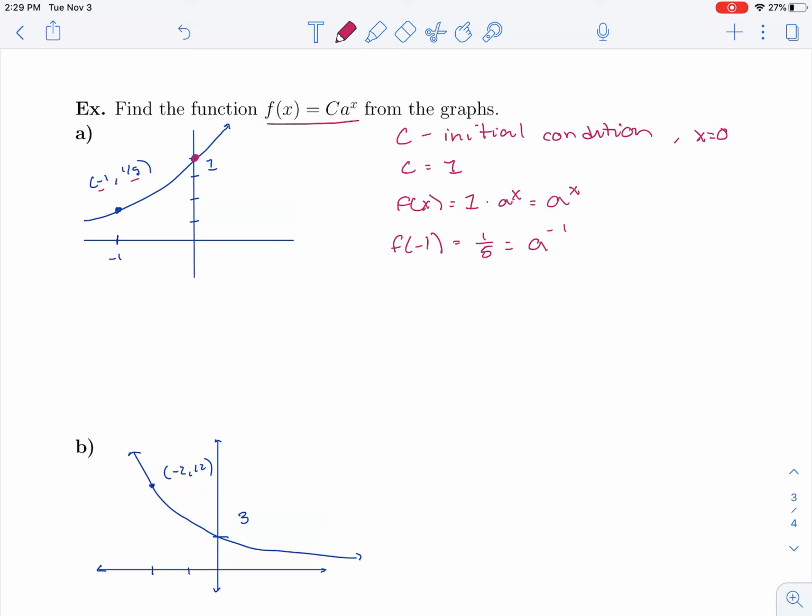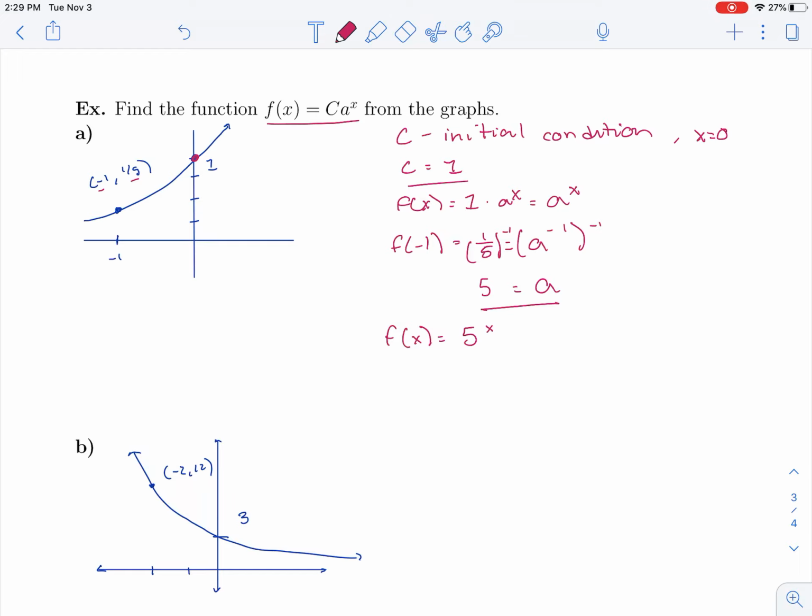I can raise everything to the -1 power, which will give me a, and 1/5 to the -1 will give me 5. So a equals 5. C is 1. Bada bing, bada boom. I get f of x is 5 to the x.